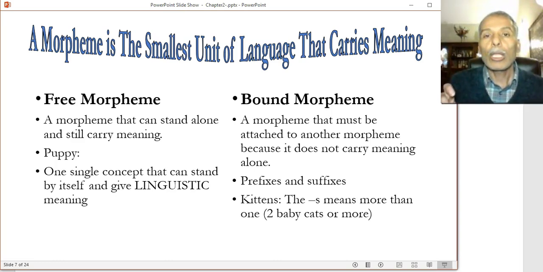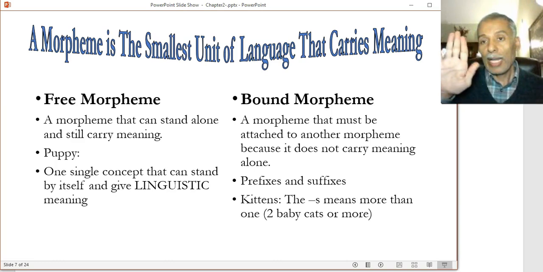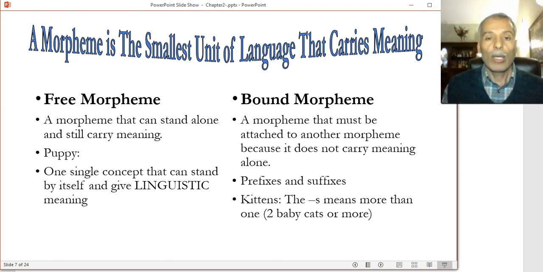So when I say ball, you know what it means. When I say ring, phone, Samantha, classroom, professor, all of these are individual morphemes that stand by themselves. They are able to give meaning on their own.